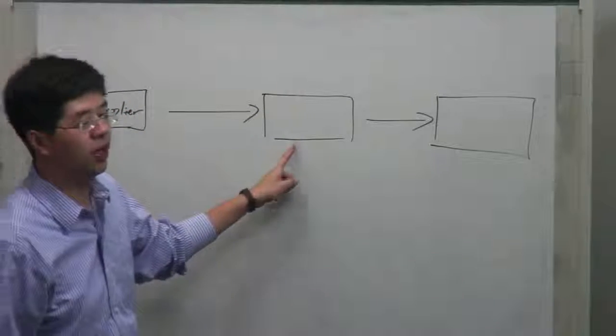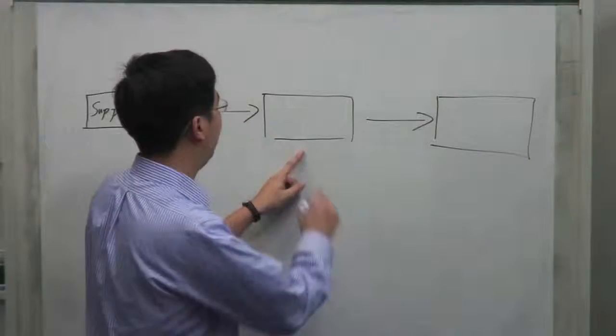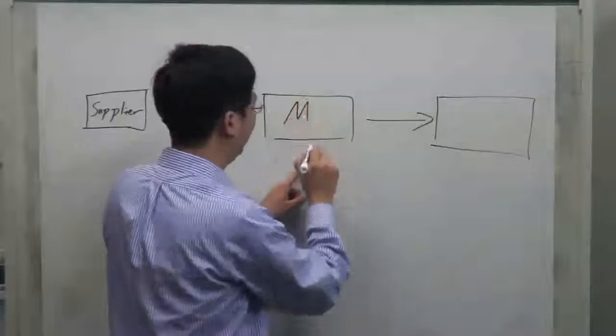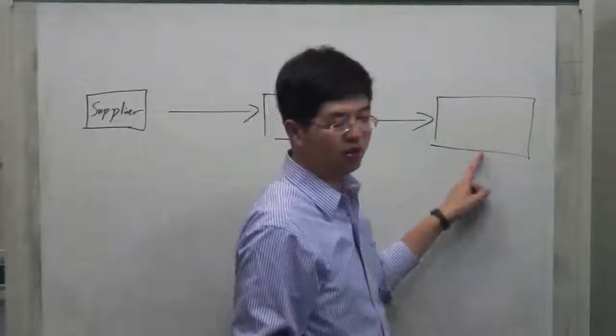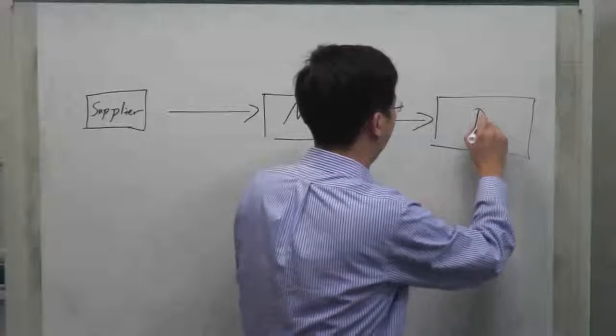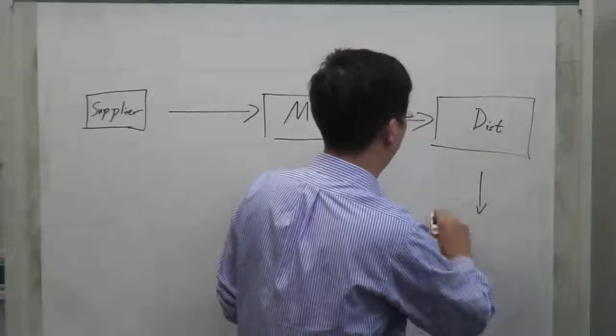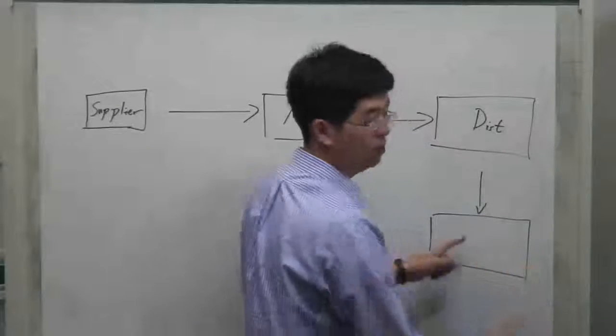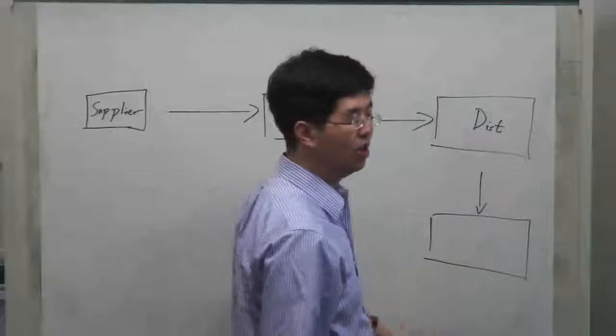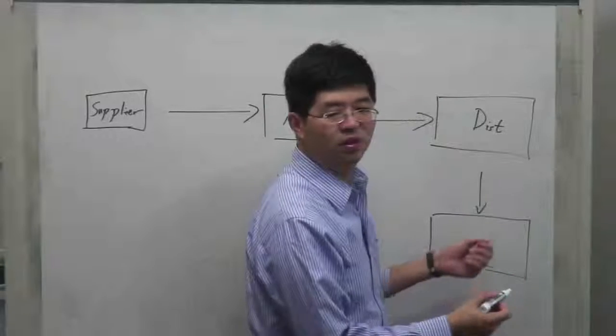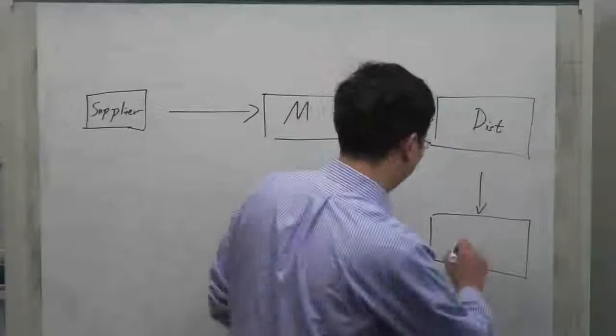What's in the middle place? Manufacturer. I'll just write it in. And what is this place? Distributor. Great. And add another position here. This player. Consumer, or maybe retailer. Retailer, okay.